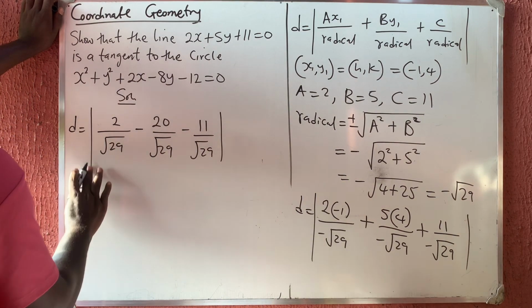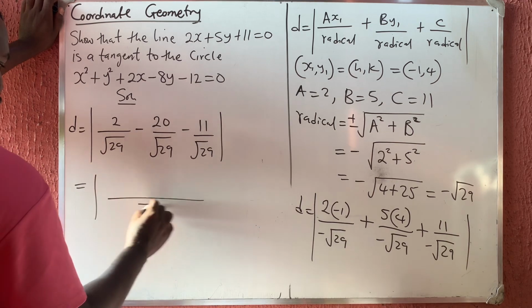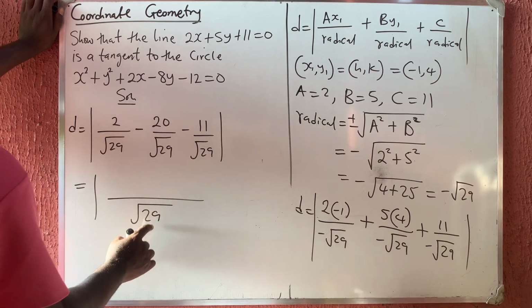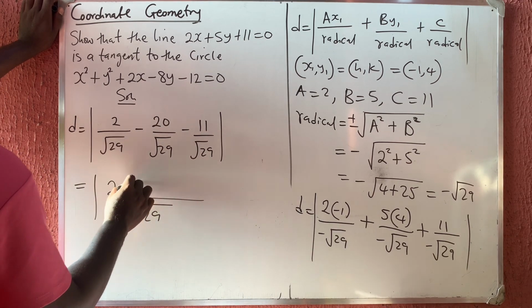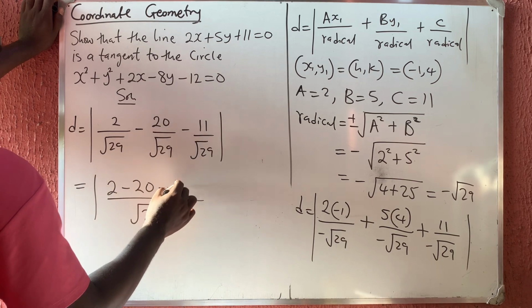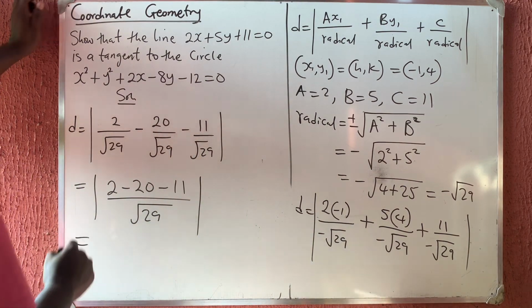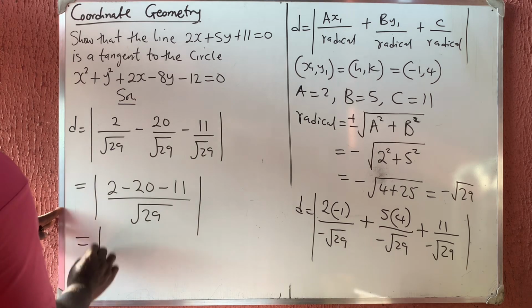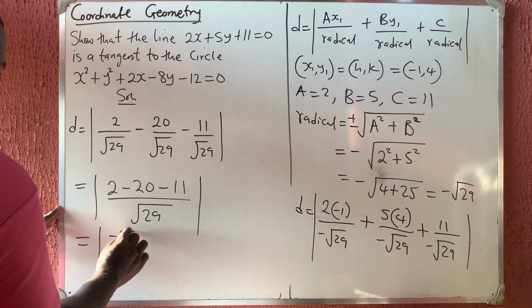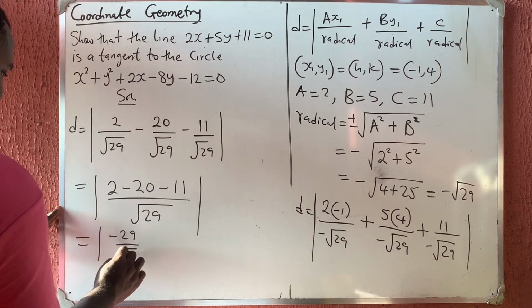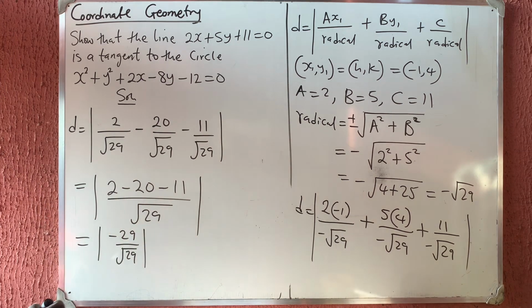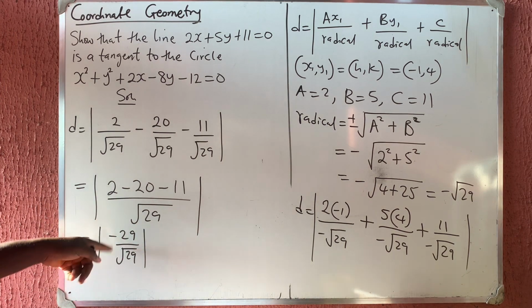If you now do the LCM, the LCM is square root of 29. So at the numerator I'm going to have 2 minus 20 minus 11. So this will now give us the absolute value of minus 29 over the square root of 29. Now absolute value means it must be positive.